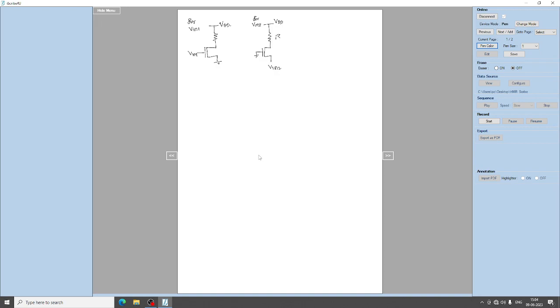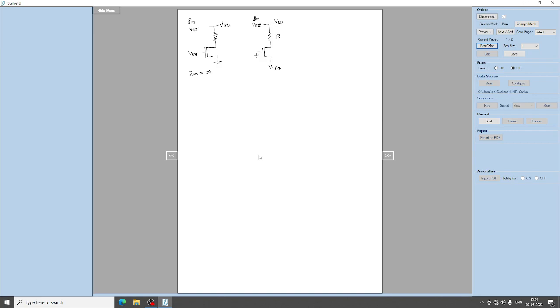Considering one input at a time, when we consider input 1, we are giving an input to the gate terminal. The input impedance of the common source amplifier with respect to the gate terminal is very high.